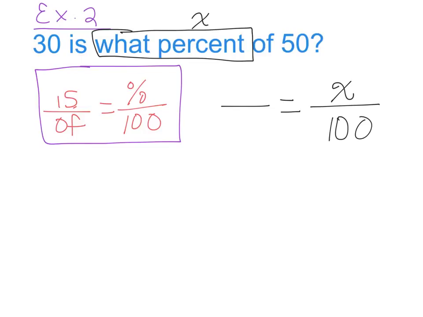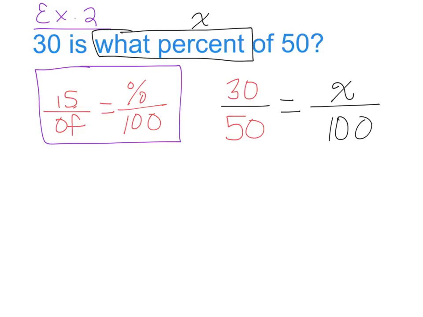So I'm going to go here and put 50 as my of. Now I also see that my part, which can also be said as is, is right here. It says 30 is. Okay, so normally the number will come before the word is. Not always, but most of the time it will. So I'm going to put my 30 as my part.